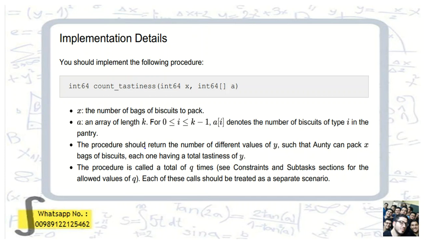The procedure should return the number of different values of Y such that Auntie can pack X bags of biscuits, each one having a total tastiness of Y. The procedure is called a total of Q times; see the constraints and subtasks sections for the allowed values of Q. Each of these calls should be treated as a separate scenario.